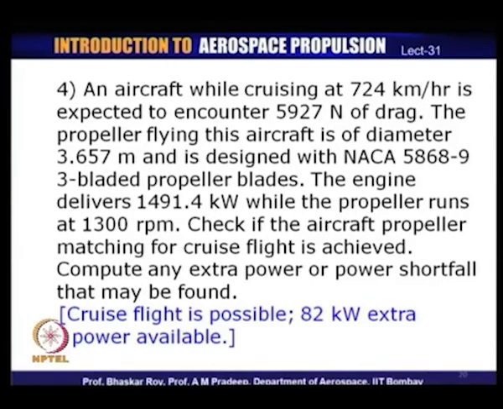The engine delivers 1491.4 kilowatts, while the propeller runs at 1300 rpm, very similar to the problem that we have solved, and check if the aircraft propeller is matched for the cruise flight, and compute any extra power or power shortfall that may be found. So, you got to check whether the cruise flight is possible and whether there is any power shortfall. The answer is given here, and you can check your solution with the answers that are given here.